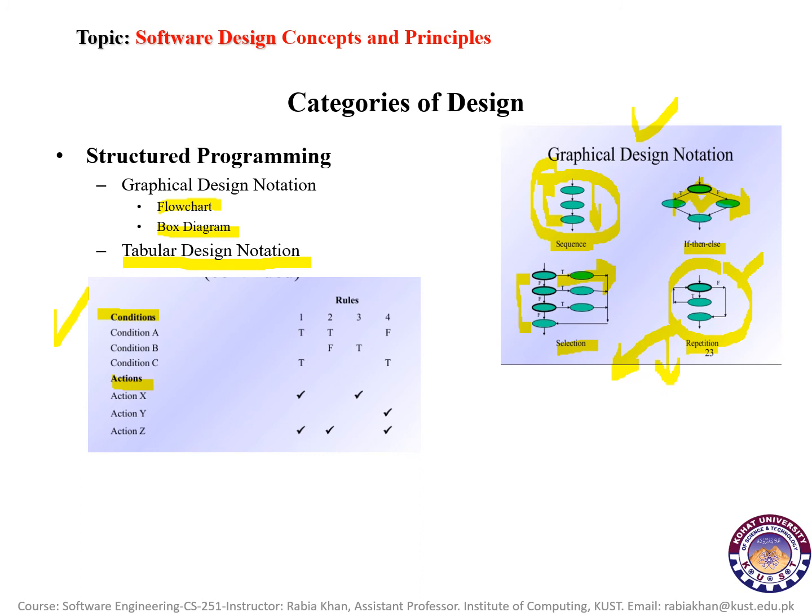So the lower left-hand quadrant contains a list of all the actions that are possible based on the combinations of conditions mentioned above. Now the right-hand quadrant forms a matrix that indicates condition combinations and the corresponding actions that will occur for a specific condition. So these are then different rules. Here, as you can see, different sets of rules are written, and for which condition, which specific action needs to be taken, that is marked either true or false or with tick marks.